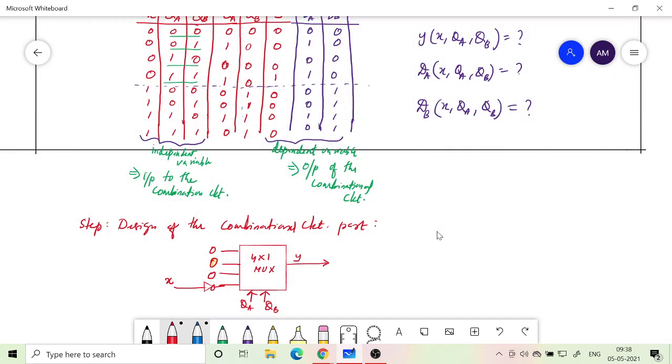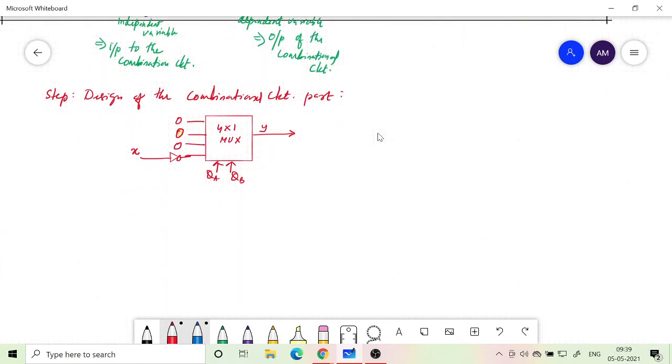So I am implementing the combinational circuit using a 4x1 mux. That's very convenient. Similarly, I can design the input for the D flip-flops. So DA and DB, same procedure we follow. So DA, first of all, it is going to be 0.